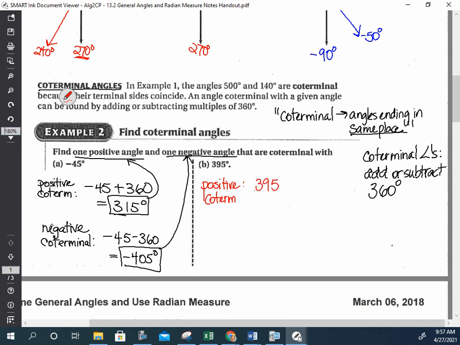Take the angle that they gave you and add 360. Sterling, I see you just added 360. What'd you get? 755. So we got our positive one out of the way. Now we switch it up. Negative.